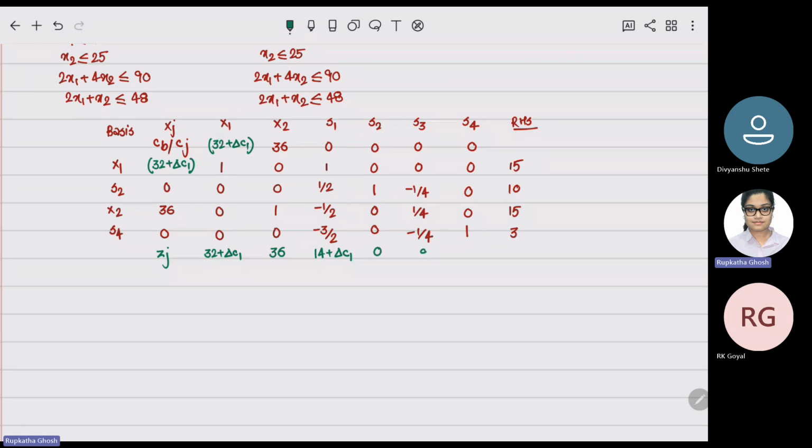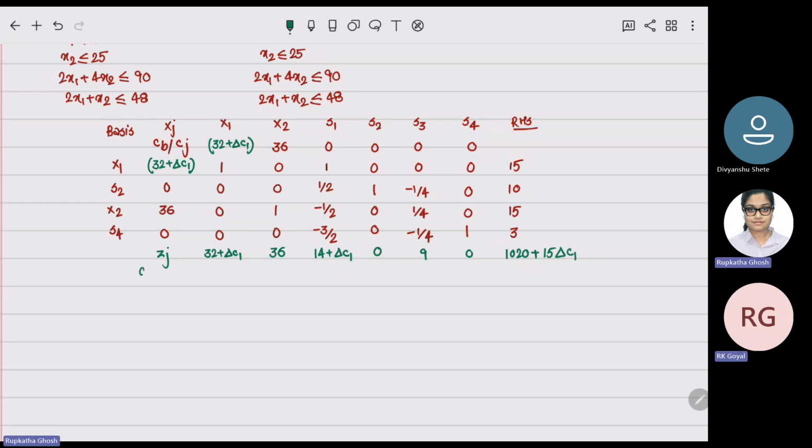This is 9, 0. And here you will be getting 32 into 15 plus 36 into 15. How much had we gotten? 1020 plus this 15 into delta C1, right? Are you able to see my screen? Yes, I could understand.